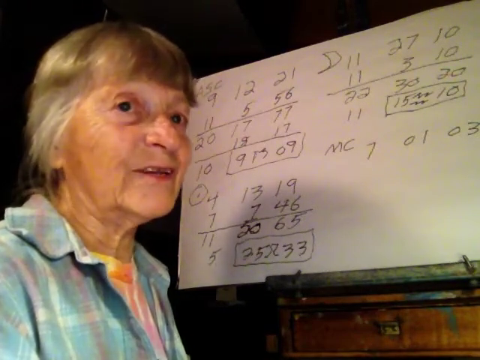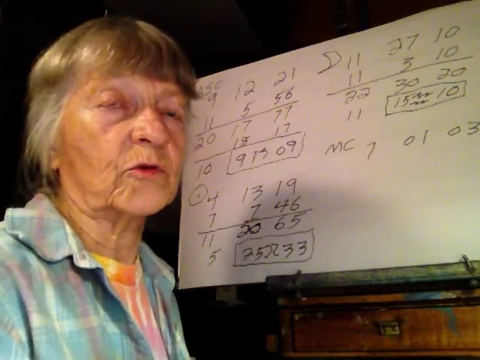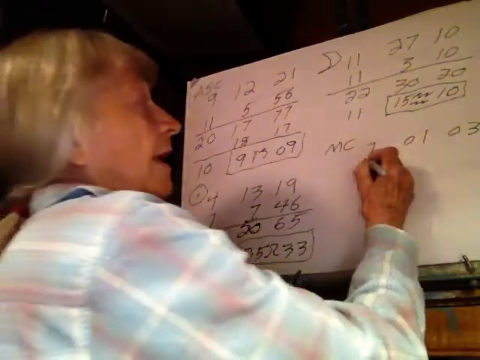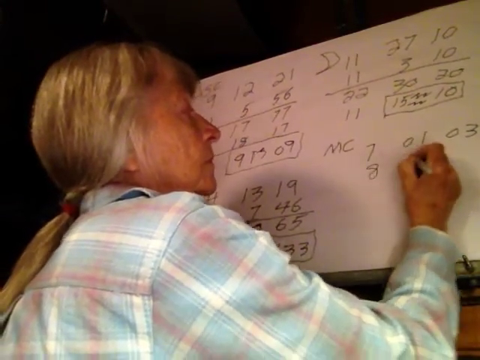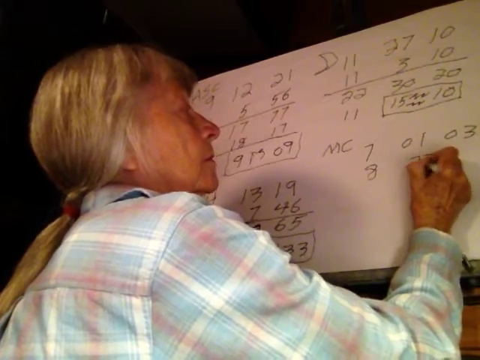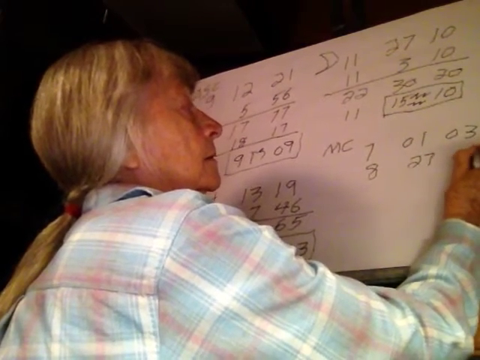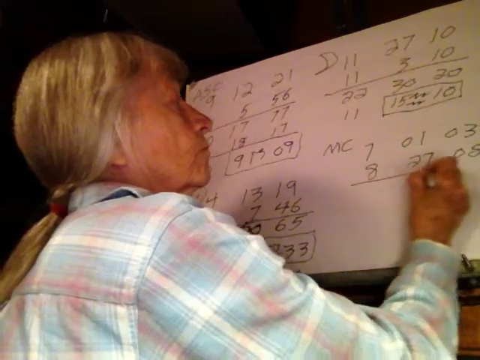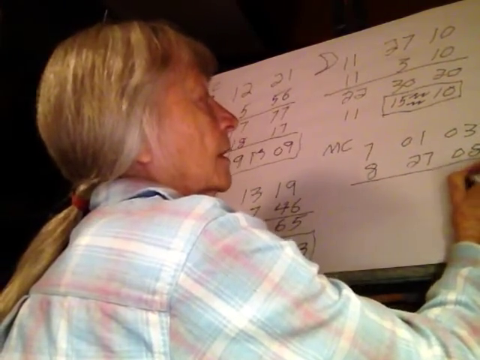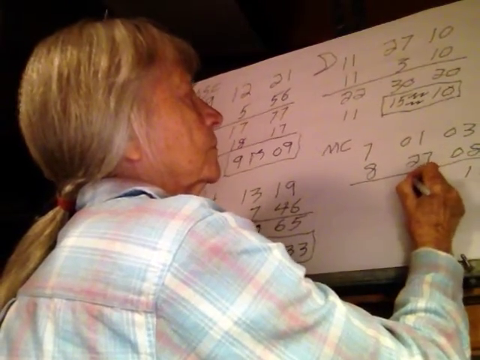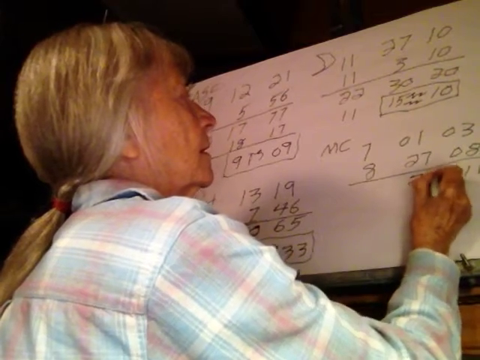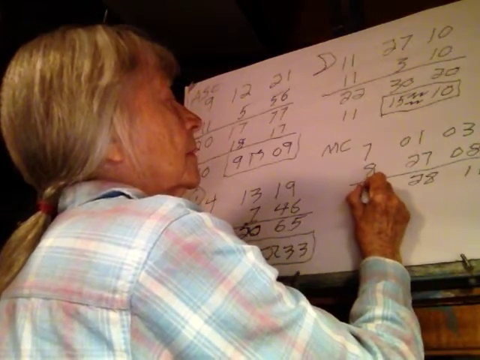So that's 8, and it's at 27 Scorpio 08. So 8, 27, 08. Add: 11, 28, 15.